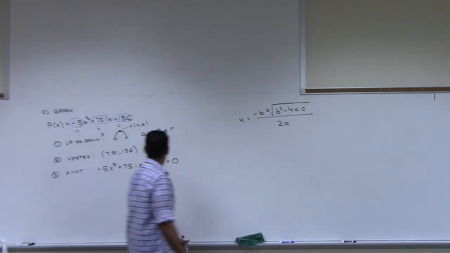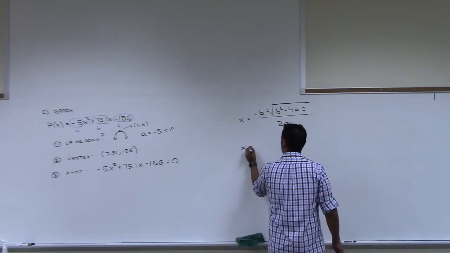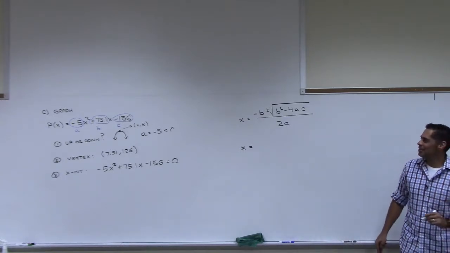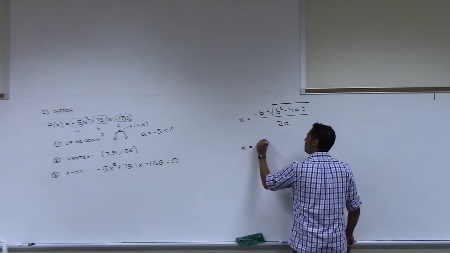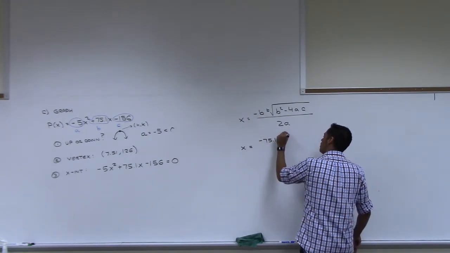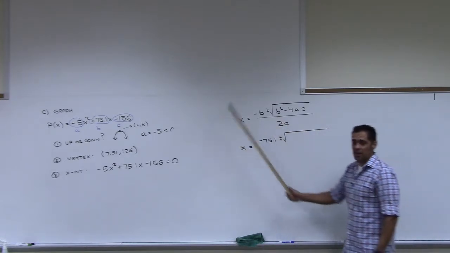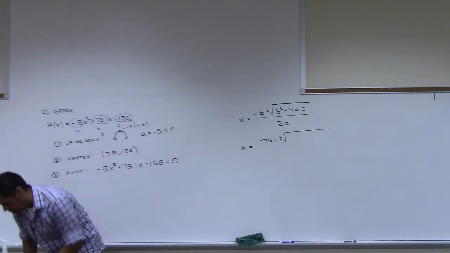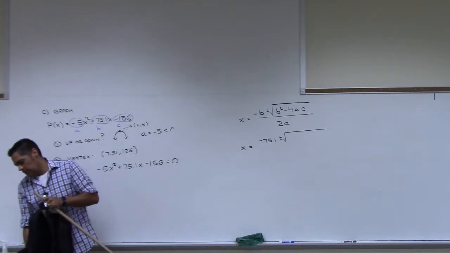So let's do it. What would -b be? What is -b? -75.1. So this is going to be -75.1. That's this. Plus or minus square root. Now, what is b squared? So you have to take 75.1 times 75.1. I think I brought a real calculator just because I knew we were going to be doing this.